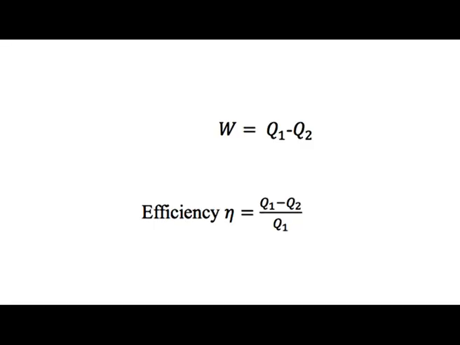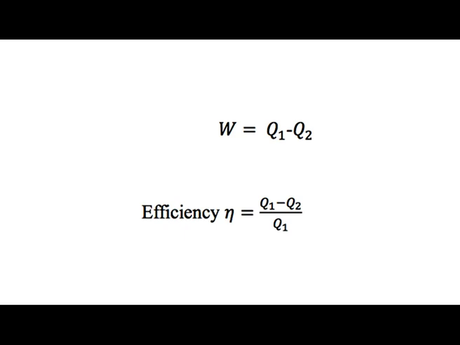The ratio between the amount of heat converted into useful external work and the amount of heat absorbed from the source is the efficiency of the heat engine. Here the work is given as W equal to Q1 minus Q2, where Q1 is the amount of heat absorbed from the source and Q2 is the amount of heat rejected to the sink.